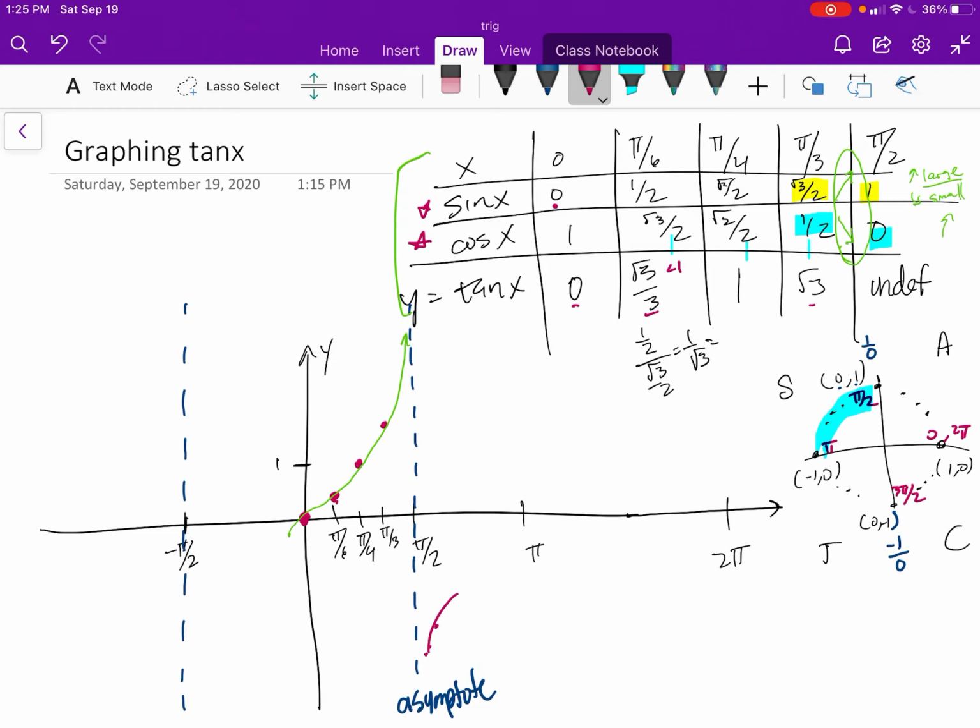I'm thinking in here. But same could be said of 0 to negative pi over 2 because a negative angle is here, right? 0 to negative pi over 2, and only cosine is positive, which means tangent is negative.